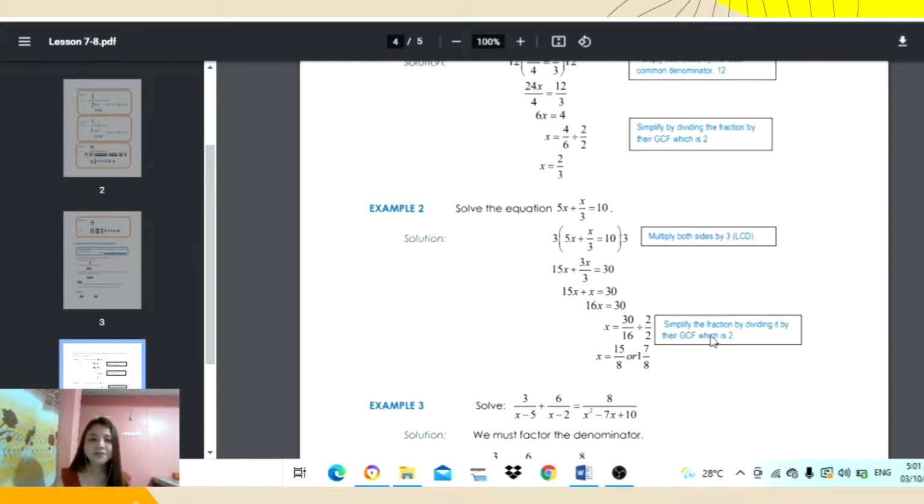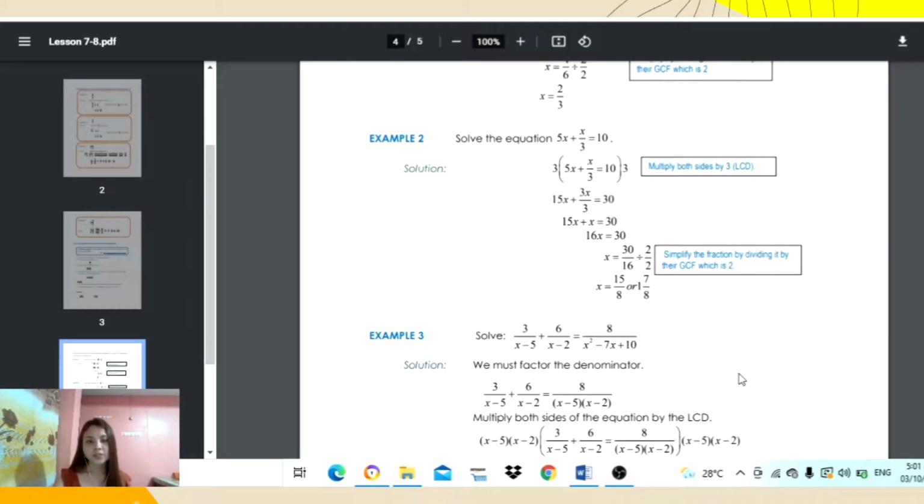Now let's have example number 2. We have to solve the equation 5x plus x over 3 equals 10. Again, just like how we solved the first example, we'll have to multiply both sides by the LCD.